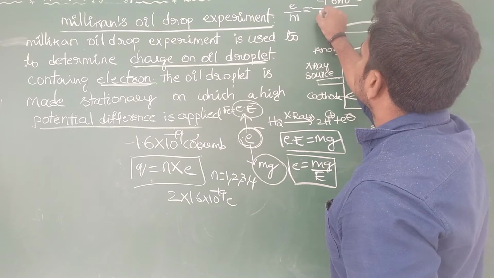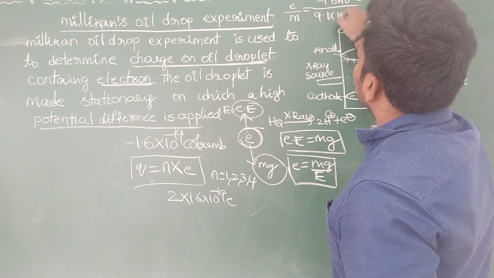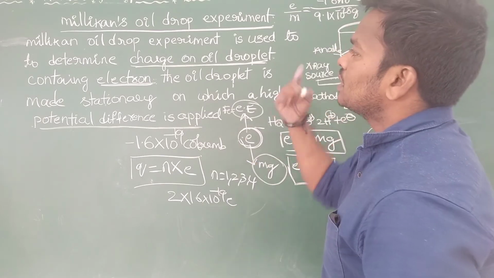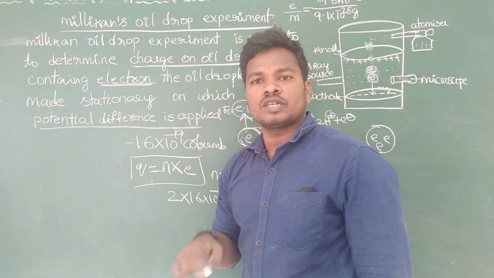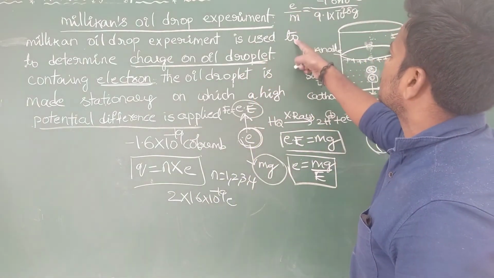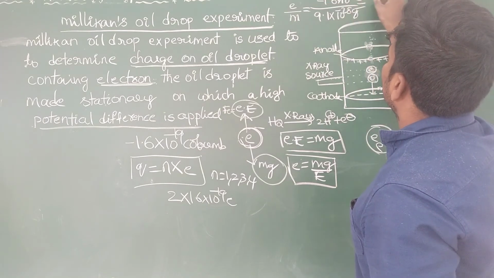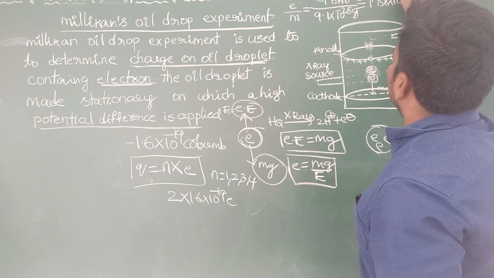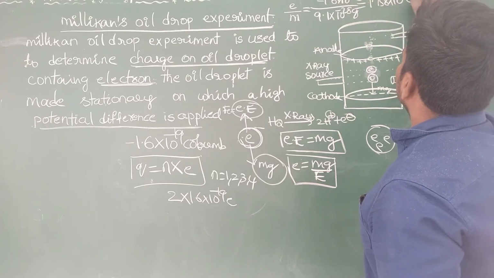Mass of the electron is equal to 9.1 into 10 to the power of minus 28 grams. By using the Millikan oil drop experiment, J. J. Thomson calculated the charge to mass ratio, or specific charge, equal to 1.758 into 10 to the power of 11 coulomb.